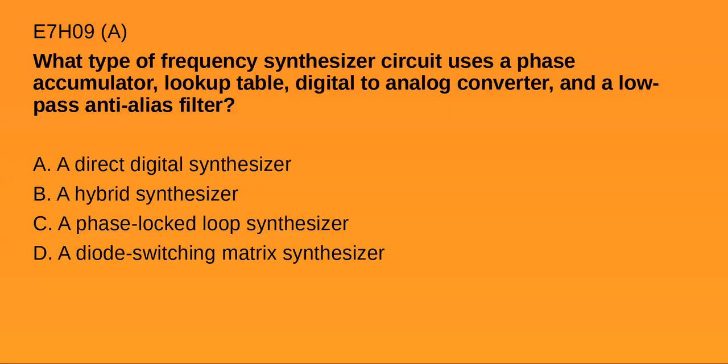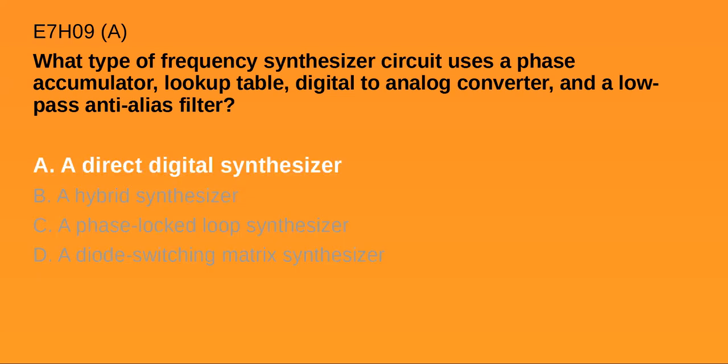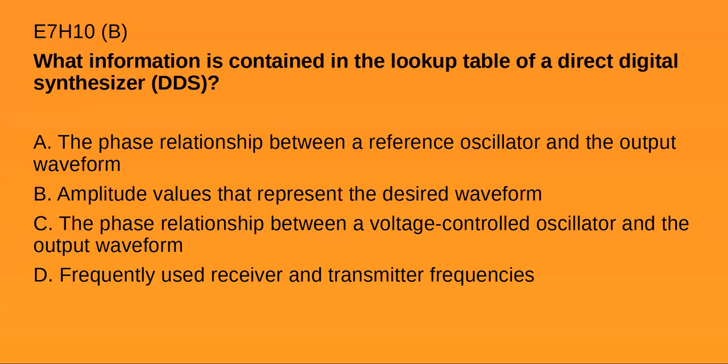So what type of frequency synthesizer circuit uses a phase accumulator, lookup table, digital to analog converter, and a low pass anti-alias filter? Direct digital. What information is contained in the lookup table of a DDS?